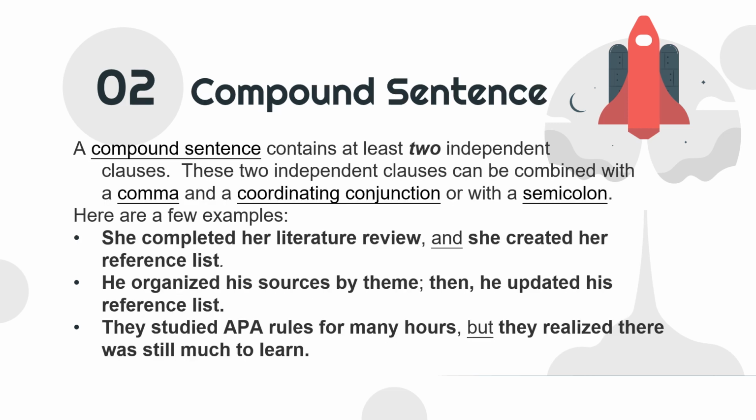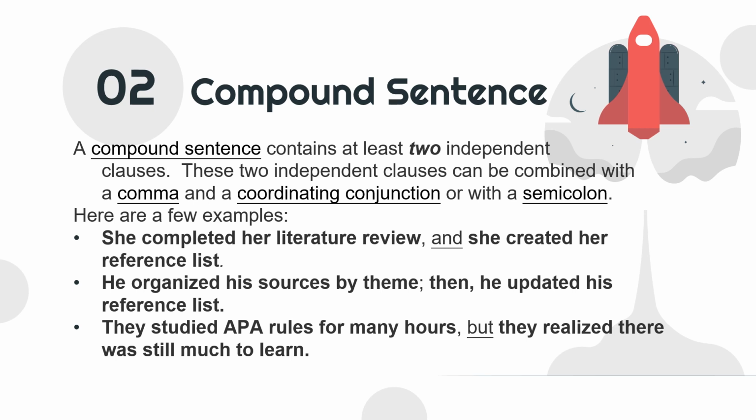Second, the compound sentence. A compound sentence contains at least two independent clauses. These two independent clauses can be combined with a comma and a coordinating conjunction or with a semicolon. Here are a few examples.